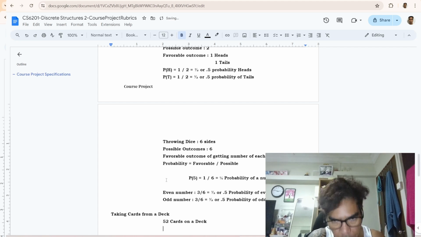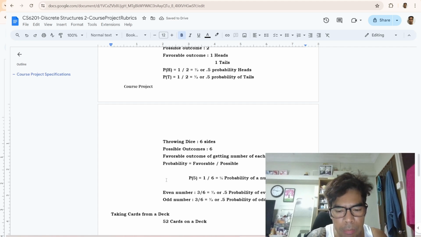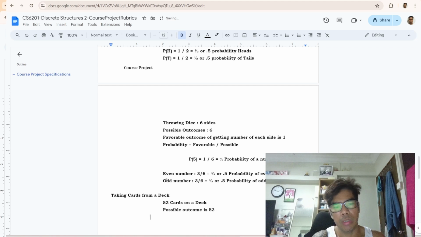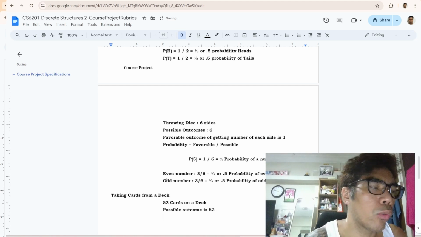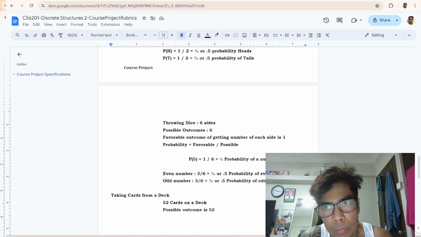So the possible outcome is 52. The requirement can differ depending on what you want to draw.